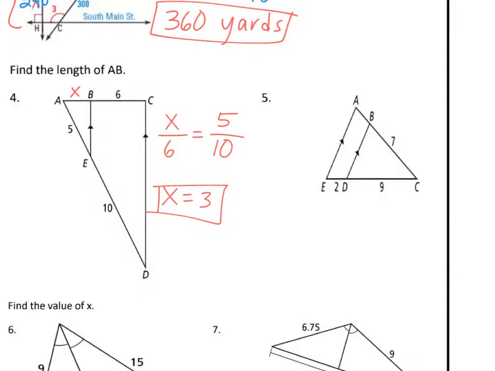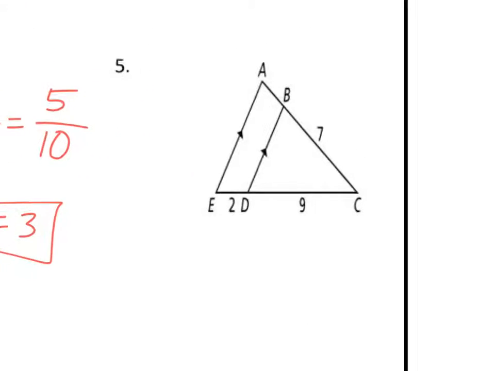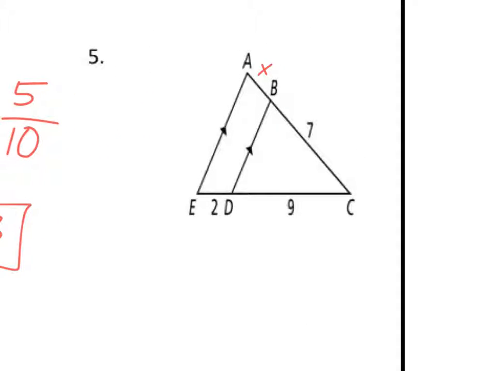Number 5. Label A, B, X again. You have parallel lines. Your proportion X would have to correspond to 7. And then 2 to 9. Solve.